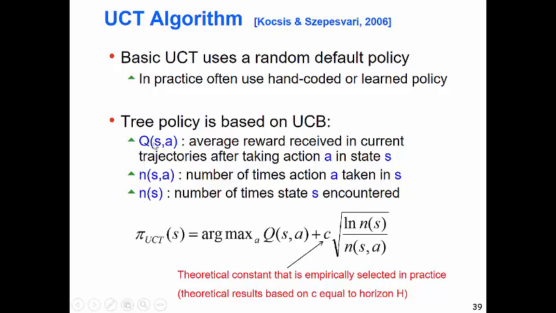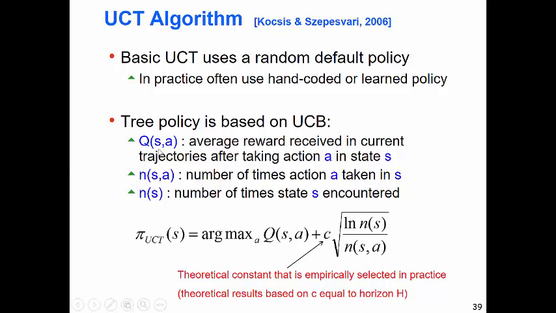So every node in the tree corresponds to a state. And we're going to store the average values of trajectories that went through this state-action pair, right? Every trajectory goes through some set of state-action pairs in the tree.